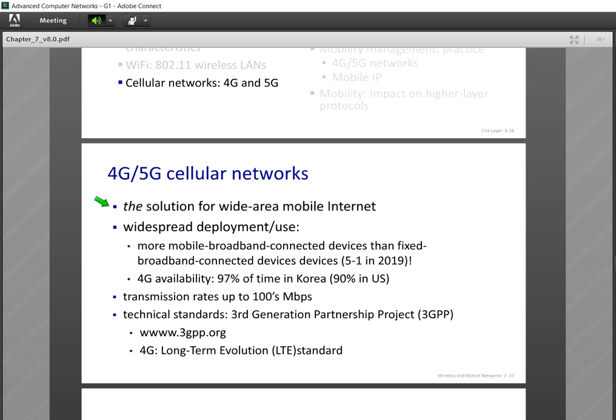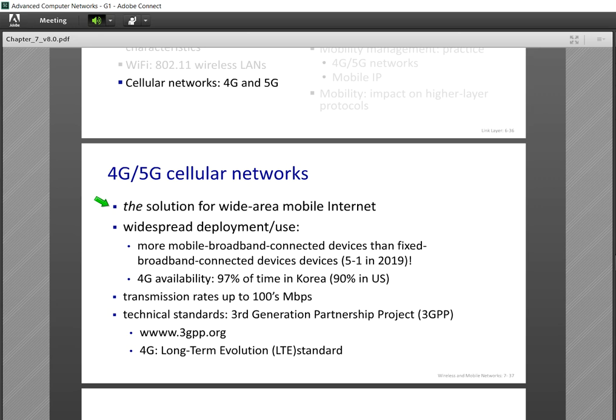And mobile means that I can move inside the cell, can go around inside the cell, and maybe sometimes I can leave one cell and enter another cell. So we call it a mobile solution.